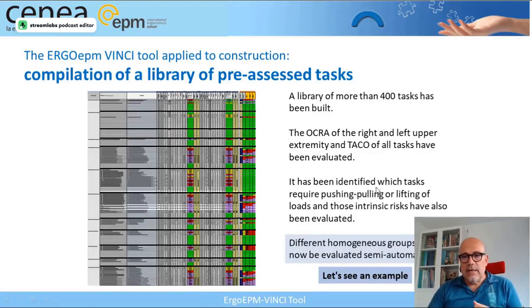In those tasks identified as requiring manual push and pull of loads, the risk indices for pushing and pulling have been calculated. For those tasks identified as requiring manual lifting of loads, the NIOSH risk indices for manual lifting by gender and age have been calculated.